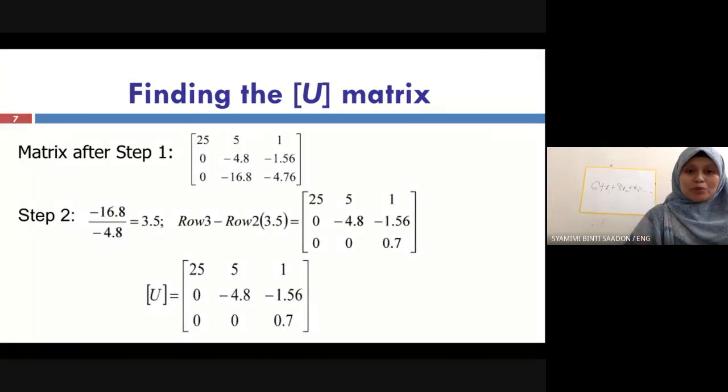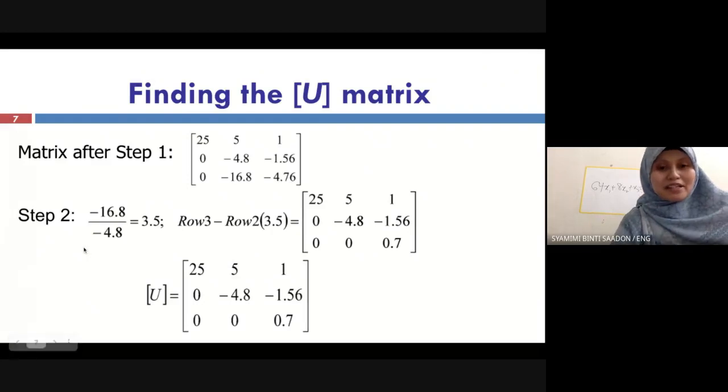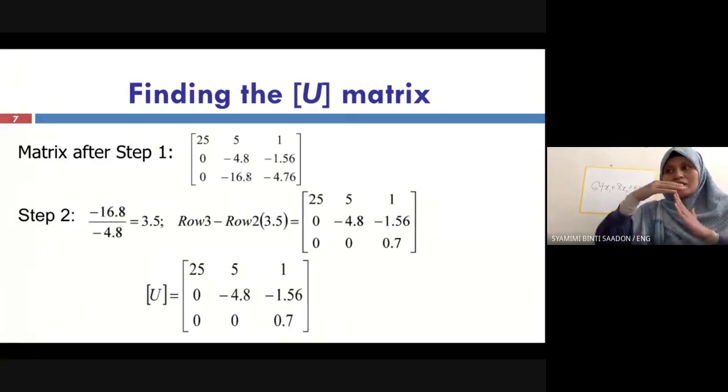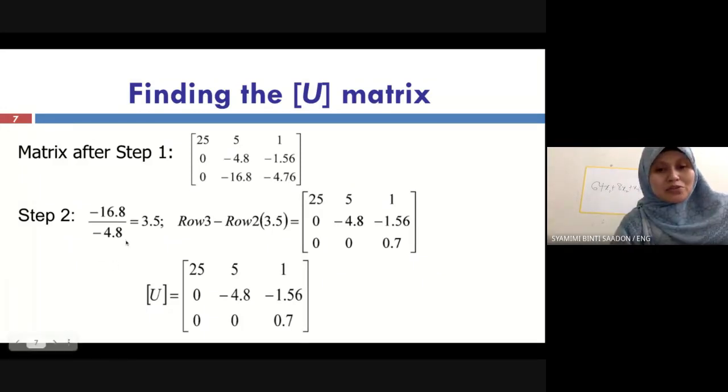Then step 2. We need to get this value to 0 to get the U matrix. Normally we compare with the row above, so here we choose minus 4.8.